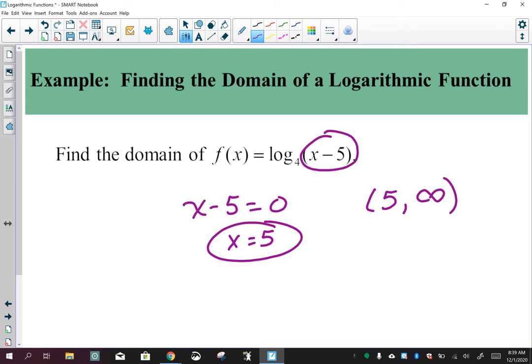And so in order to do that, you have to solve that, get that answer, and then write it in interval notation, not greater than and less than, interval. So when you write that in interval notation, you're going to start there and it's going to go off into positive infinity. All right, so just pay attention to what it's asking you to do and just solve that inside piece.